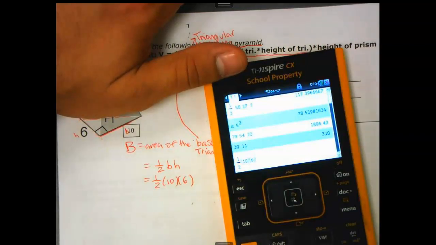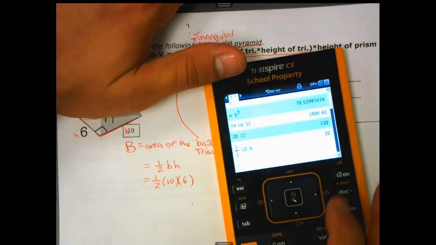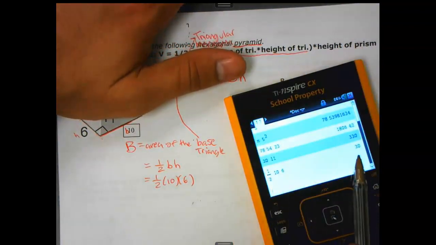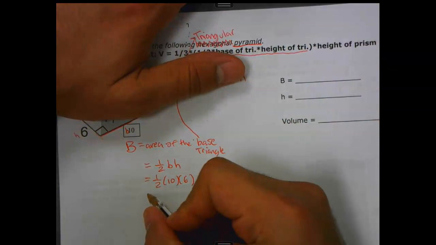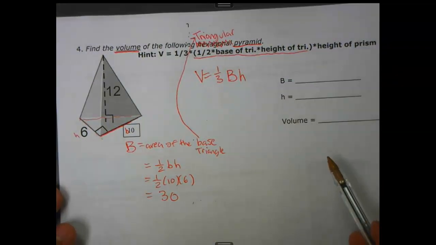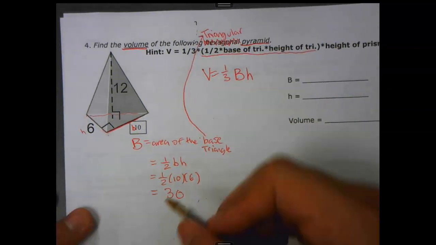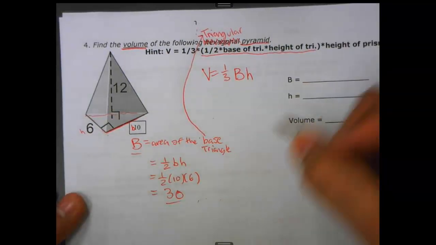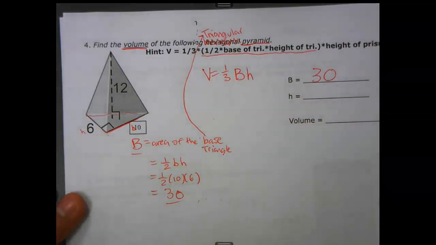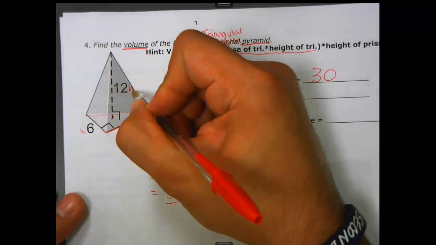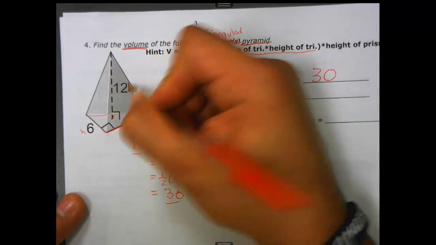Okay, so 1/2 times 10 times 6 is 30. So my big B is 30. Cool. I don't have units of measure here, so we'll just call it 30. The height, if you look at the picture from the center to the top, this is my H of the pyramid.